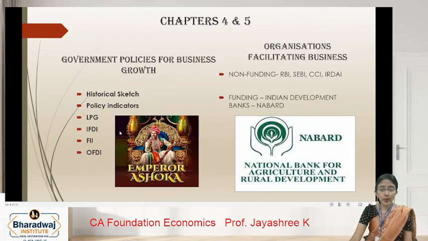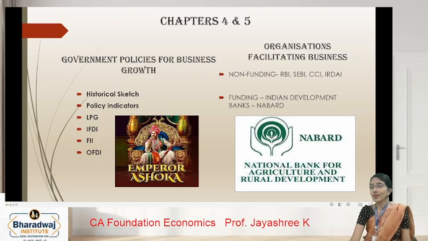Chapter 4, you remember this, it starts from history: a lot of Alauddin Khilji and Akbar and Ashoka, Dadabhai Naoroji, so many things, up till globalization, liberalization and privatization. That is the crux. You have a historical sketch, policy indicators, LPG, IFDI, that is FDI flowing in, FDI going outward, and foreign institutional investment.